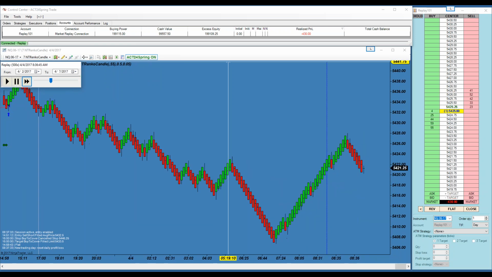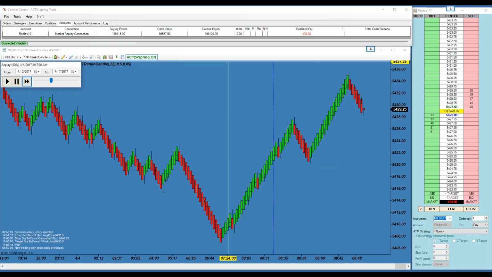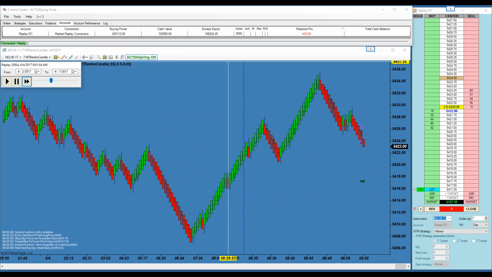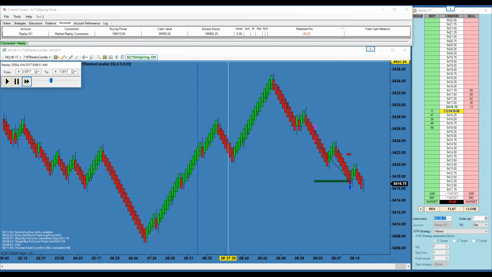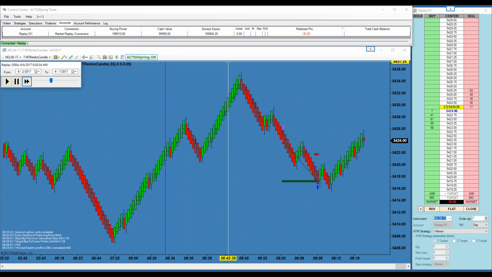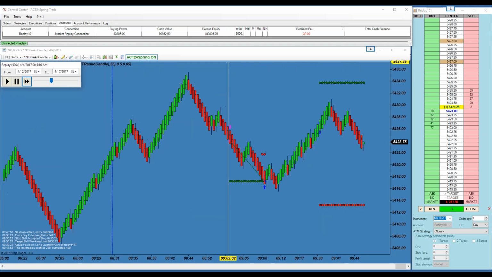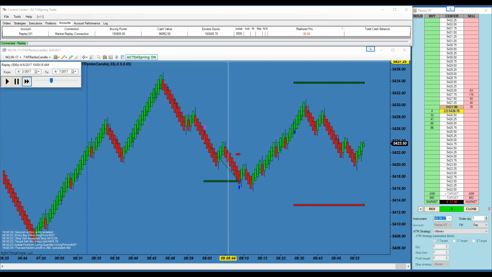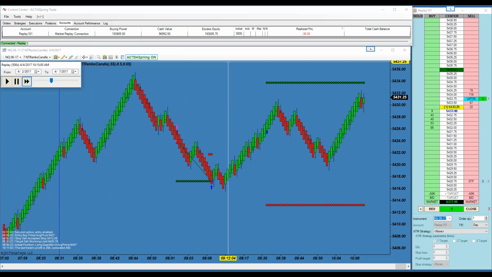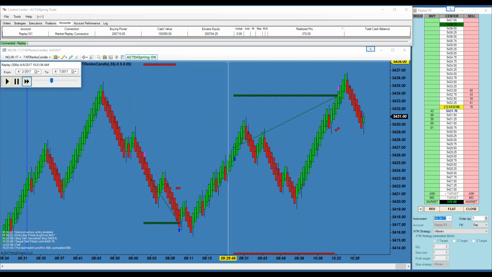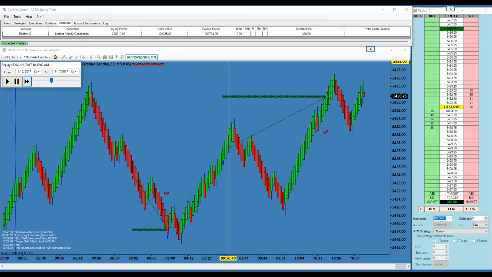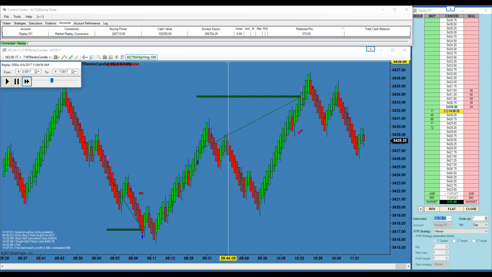And this is quite common. Okay, your first trade should be a short. There it is. Order filled. Okay. Order pending. Order filled. Okay, now you're back up for the week on the second day.